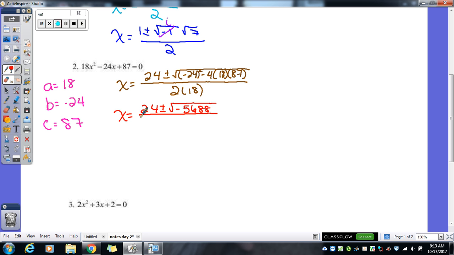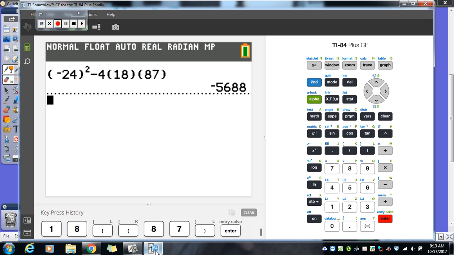And that's all over 2 times 18, which gives us 36. Alright, so now here's the hard part. We have to figure out, is there a perfect square that goes into 5,688? I'm guessing there probably is. Let's find out.